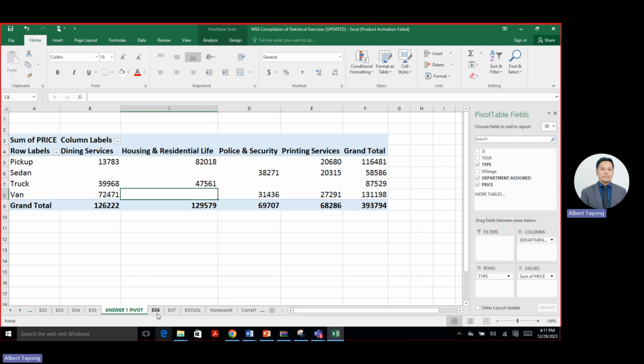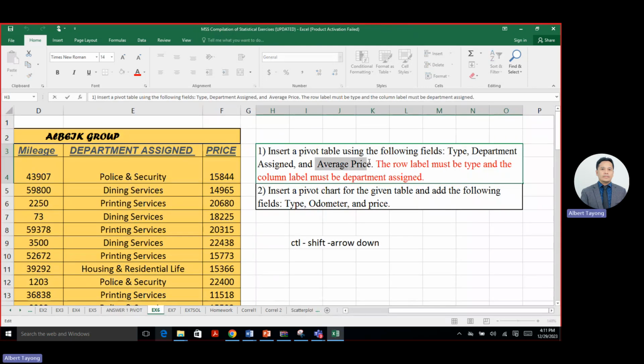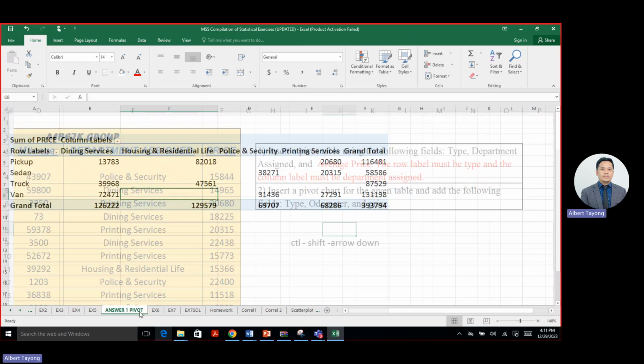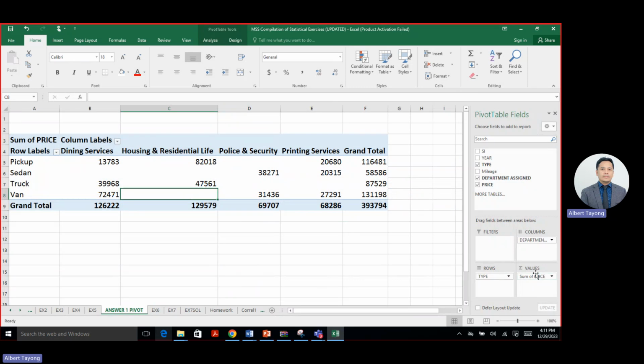Now, go back again to the question. It's mentioned here: average price. By default, the values will fall under the values field. Because this is price, all numbers will fall under this section. The categories will be under rows and columns.